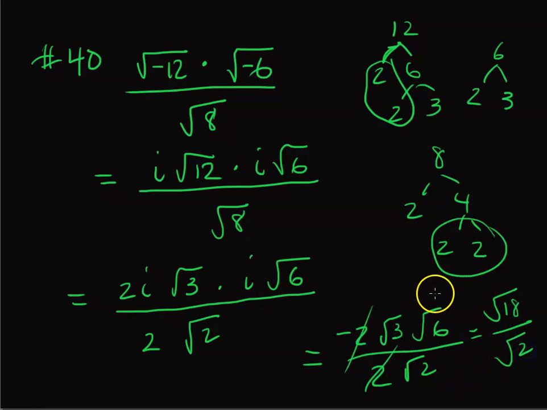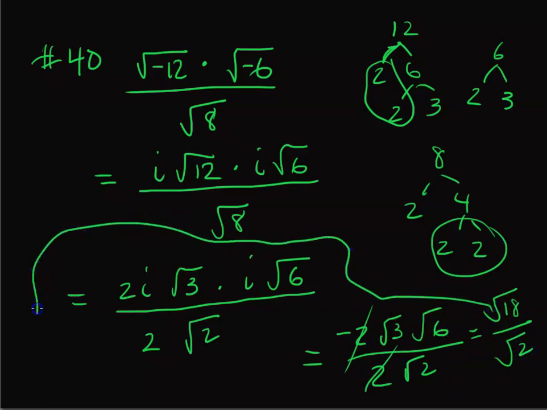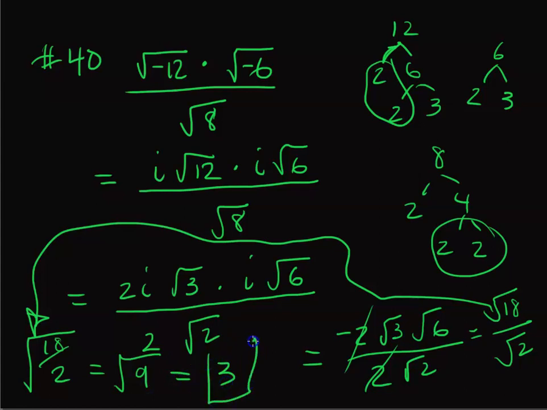But hold it. Gosh, I'm running out of room here. This then is the square root of 18 over 2, or 9, the square root of 9. But hold it. Square root of 9 is 3. My gosh. Well, at least I got 4 steps.